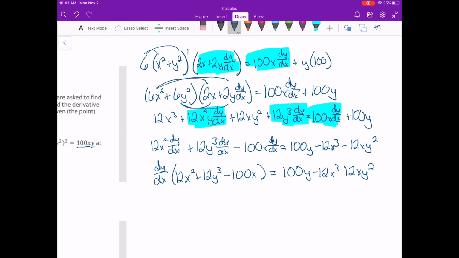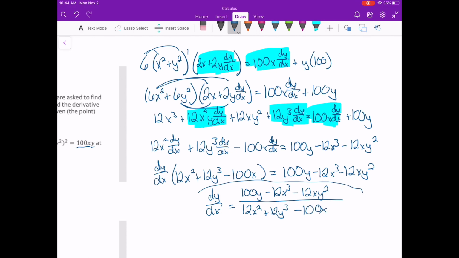And then divide by what's in the parentheses on the left side. So dy dx equals 100y minus 12x cubed. This should be minus 12xy. And that's all divided by 12x squared plus 12y cubed minus 100x.